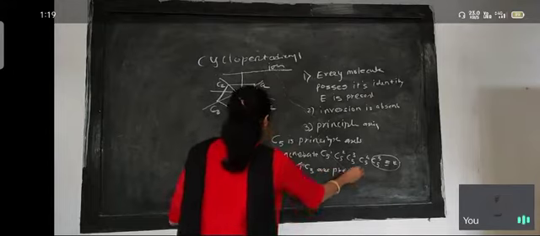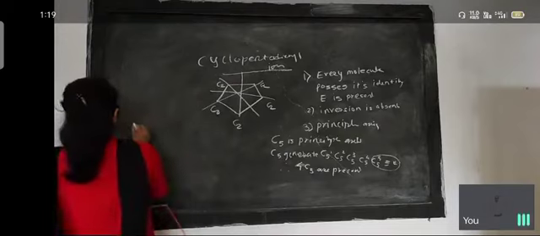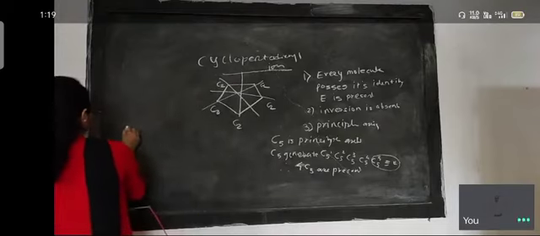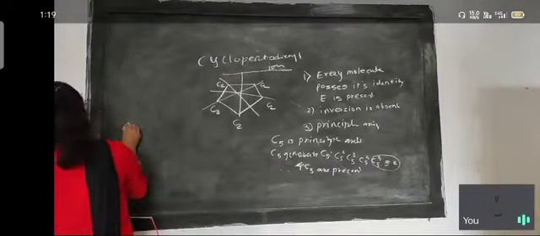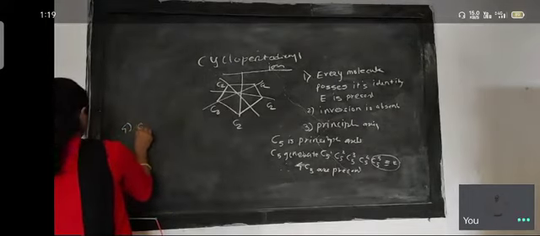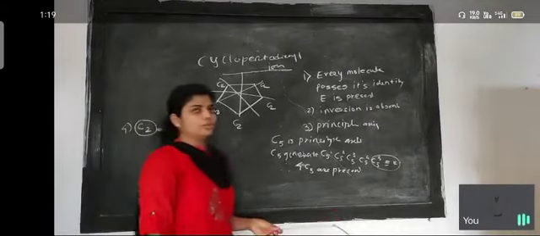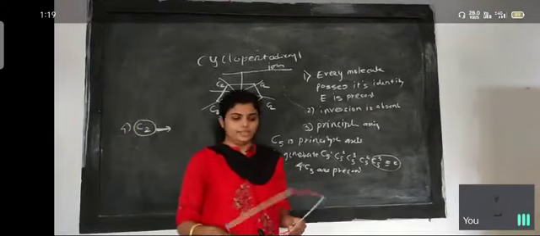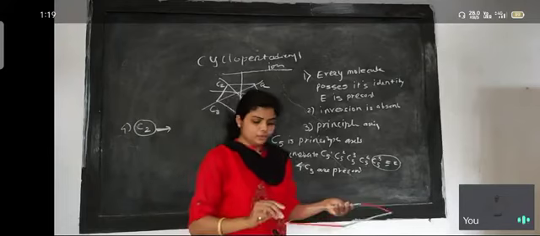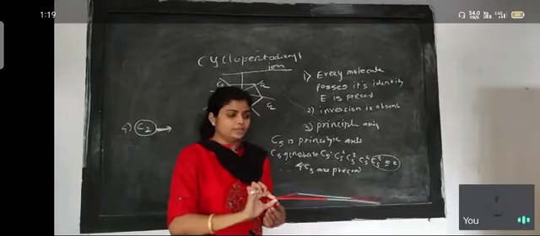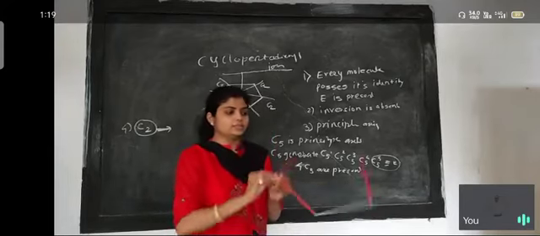Then the fourth point is C2. C2 means you have to rotate the molecule by 180 degrees. When you rotate, this is C21 and this is C22.